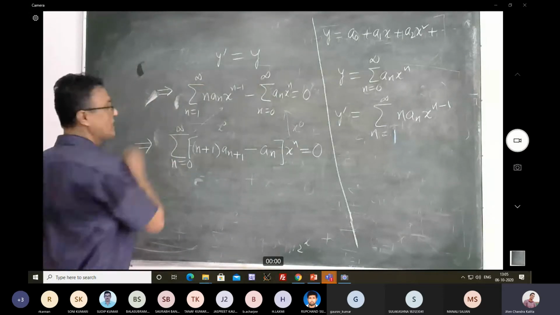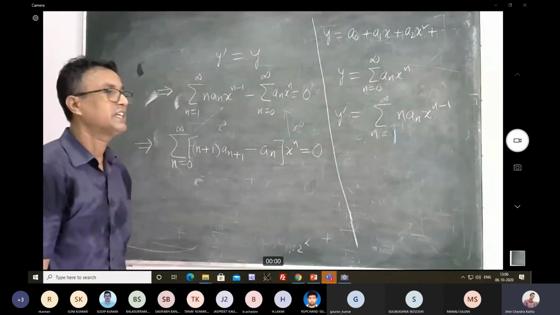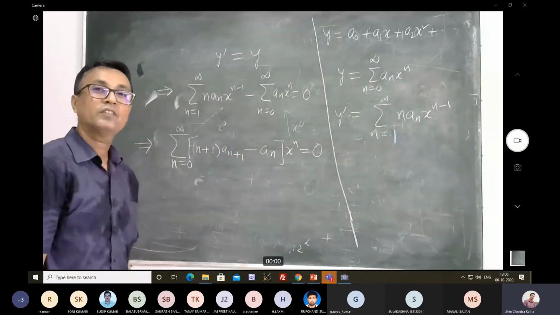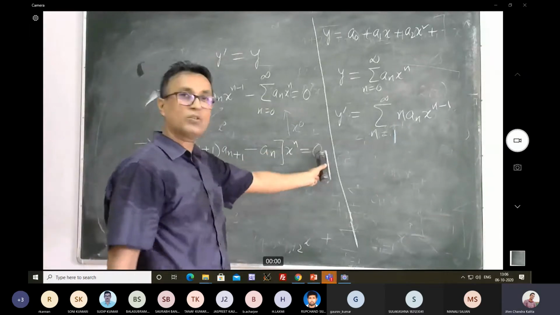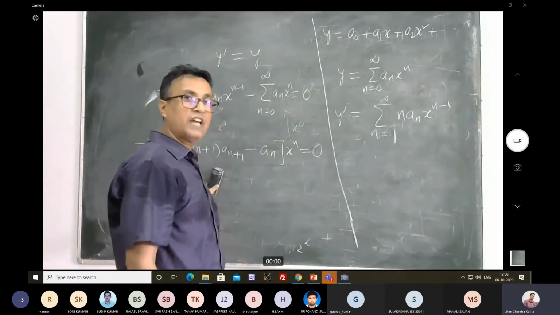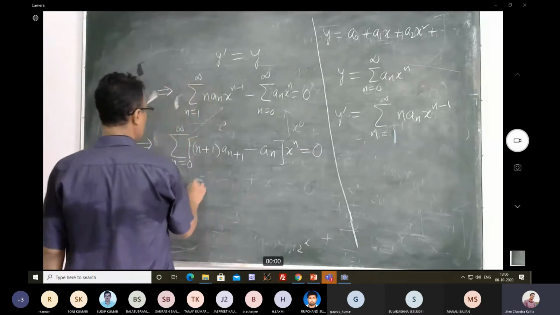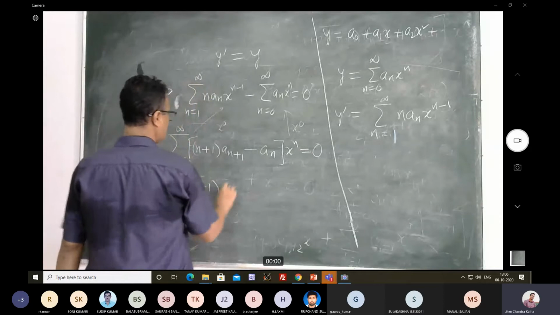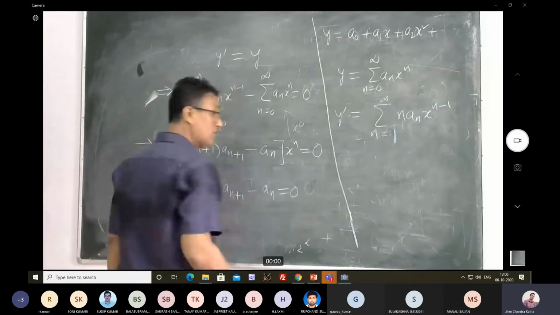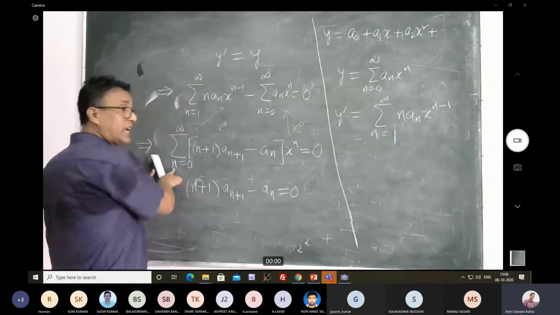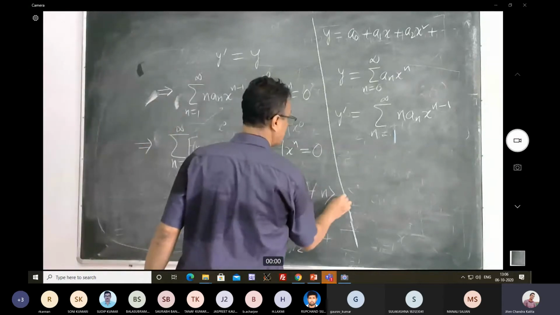Now, if you equate the coefficients of the nth power of x, they have to be 0, since the whole thing is equal to 0. That gives you (n plus 1) a_(n plus 1) minus a_n equal to 0. Since I started n from 0 to infinity, this holds for all n greater than or equal to 0.